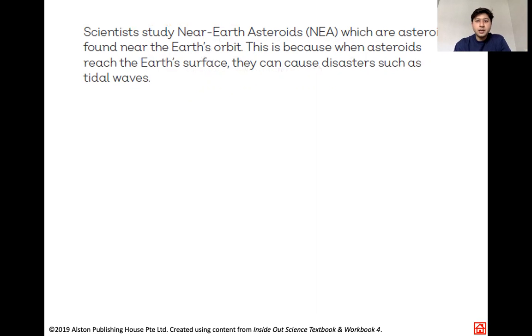Scientists study near-Earth asteroids, which are asteroids found near the Earth's orbit. This is because when asteroids reach the Earth's surface, they can cause disasters such as tidal waves and other things. So they are known as near-Earth asteroids.